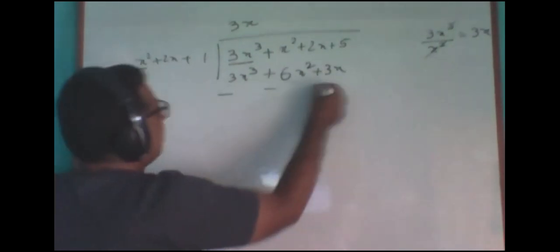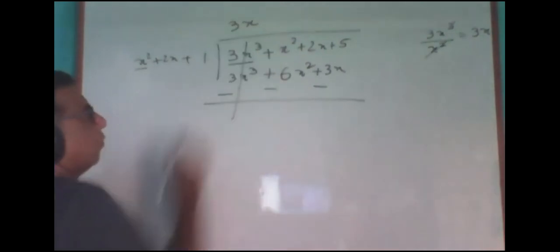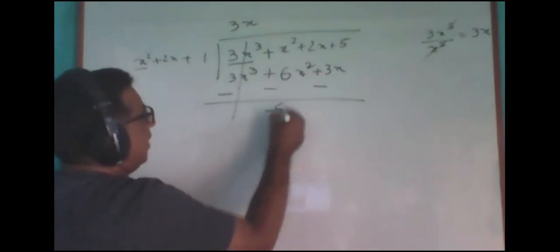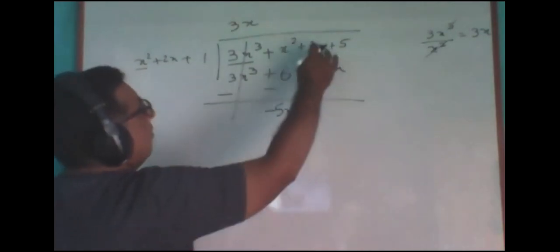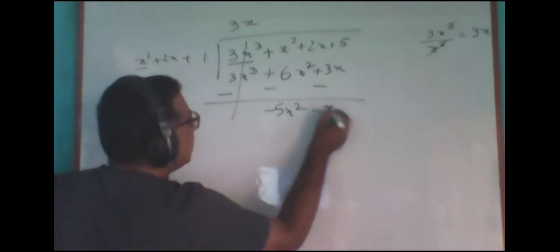Minus, minus, sign change. 3x cube minus 3x cube gone. x square minus 6x square, minus 5x square. Plus 2x minus 3x, minus x.